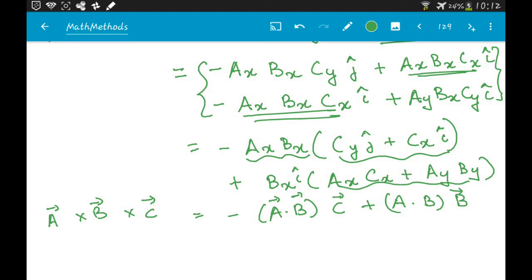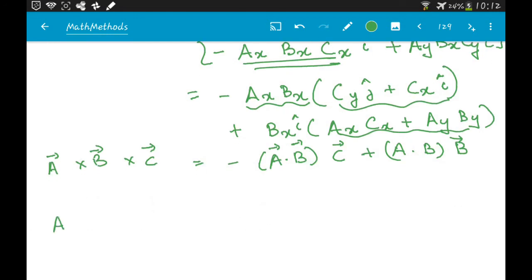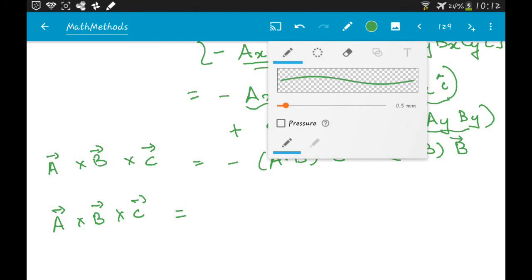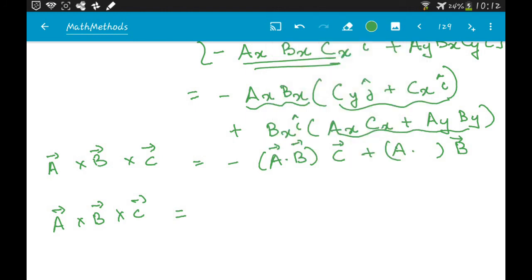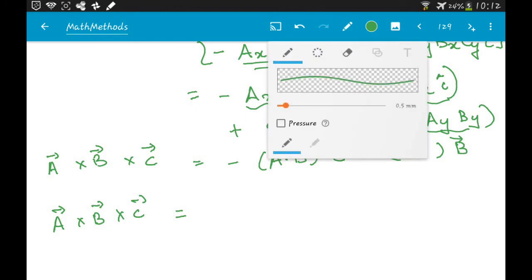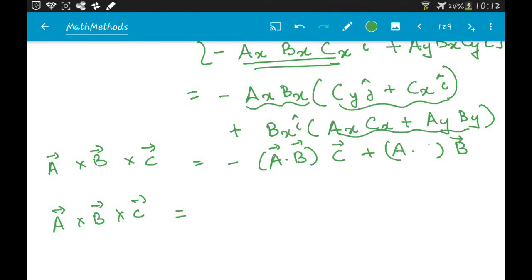So the formula for A cross B cross C is nothing but A dot C, because this is AX CX plus AY CY.